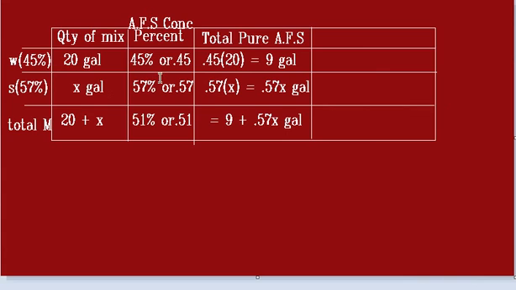Okay, so all you need to do now is to go with the table. In your solution, a table is not needed, but for easier assessment and analysis, I suggest that you consider tabulating it. First, you have the headers here, then this portion, the quantity.